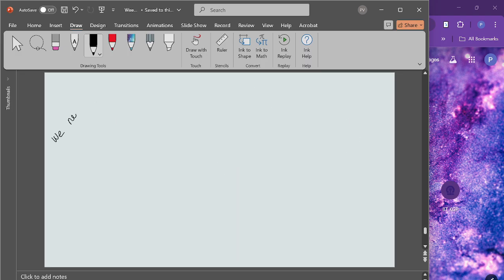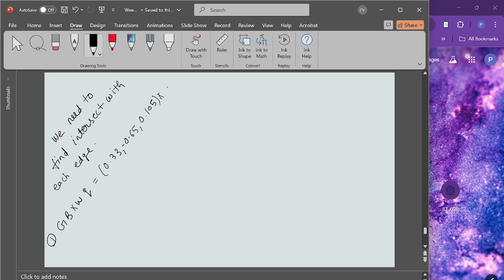So now we need to find the intersects of WQ with each of the edges. First, we need to find the intersection of GB and WQ. For GB we have got 0.33, minus 0.65 and 0.105, cross product with 0.1233, minus 0.0433 and minus 0.2667.